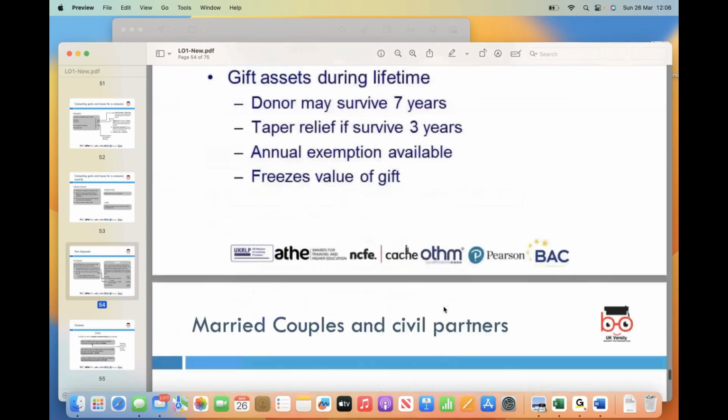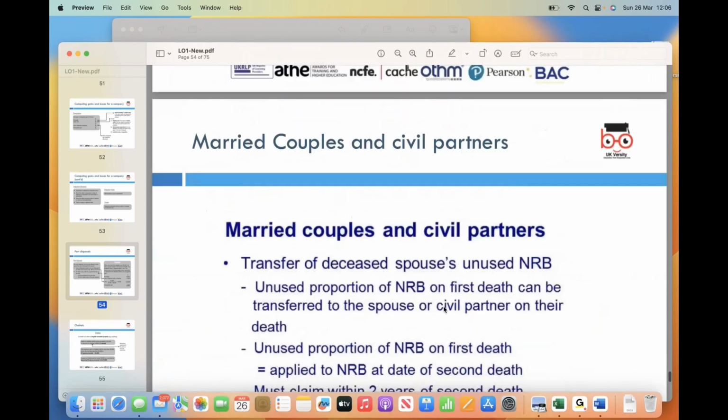So, married couples and civil partners, we just discussed that. Transfer of the deceased spouse's unused nil rate band: the proportion of the nil rate band unused on death can be transferred to the spouse or civil partner on their death.